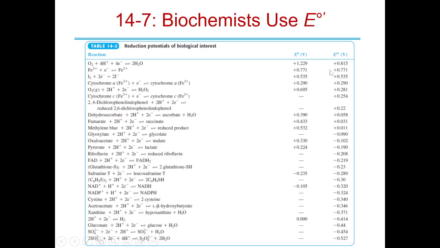Not all of them. Some of them are the exact same. But every now and then, you get one that's very different, right? Notice here, this is kind of an interesting one. Cytochrome C with iron 3 plus versus 2 plus. There's the physiological conditions for it.